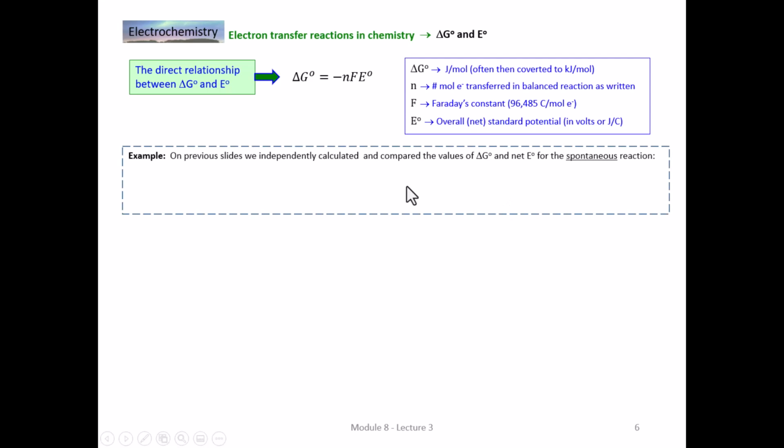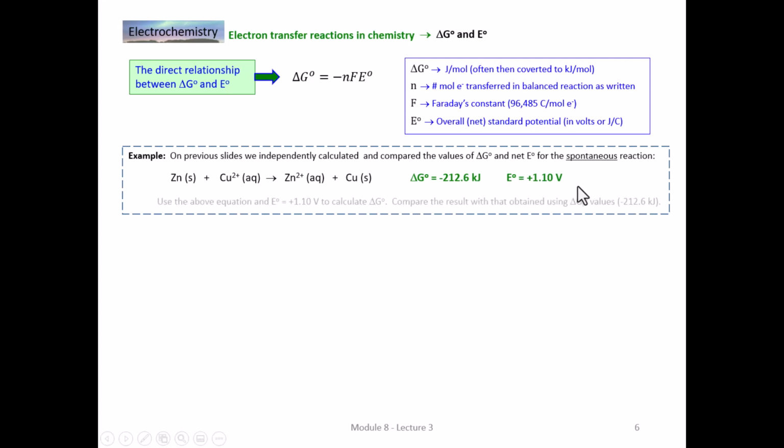On the previous slides, we independently calculated and compared the values of delta G and net overall potential for our favorite spontaneous reaction. We said delta G was minus 212.6, the standard potential was plus 1.1 volts, both indicated spontaneity.